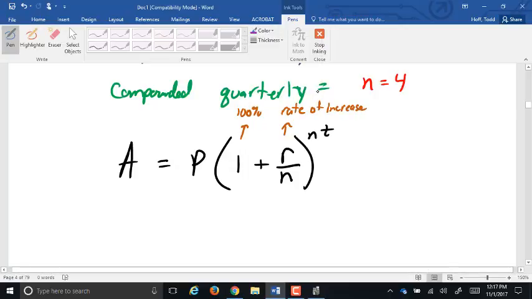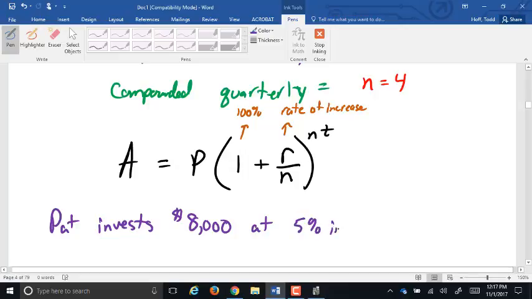So an example we could use is, let's say Pat invests $8,000 at 5% interest, compounded quarterly for 7 years.